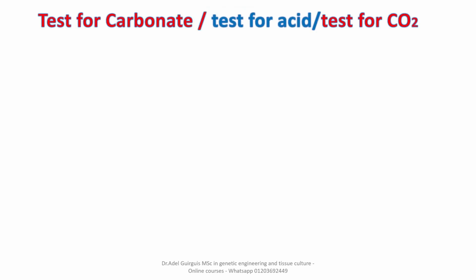Test for carbonate, test for acid, test for CO2. This experiment shows how we can detect that a solution is an acid by placing carbonate salt in it, and how we can detect that the gas is carbon dioxide, released by the reaction between acid and carbonate.